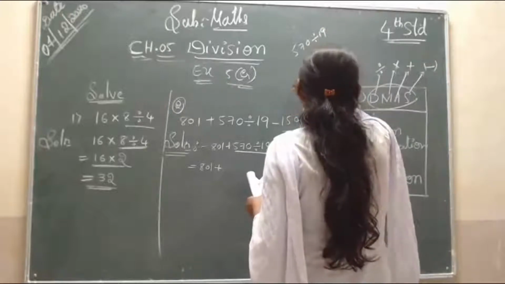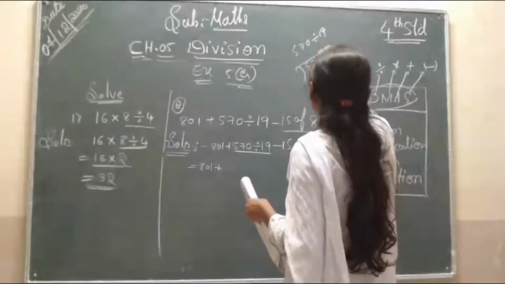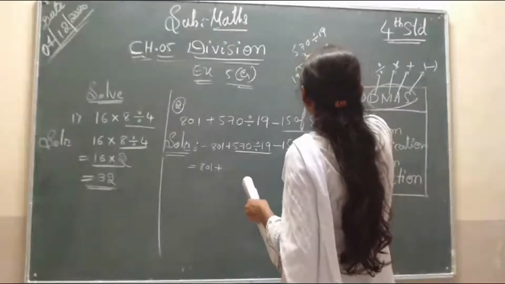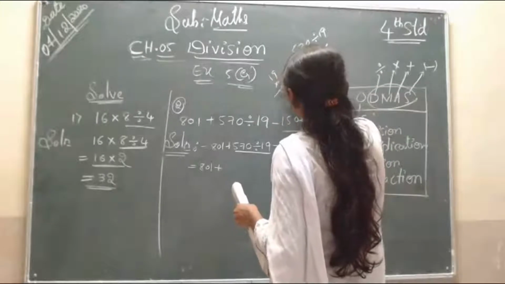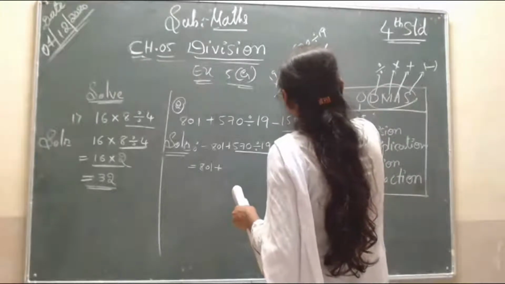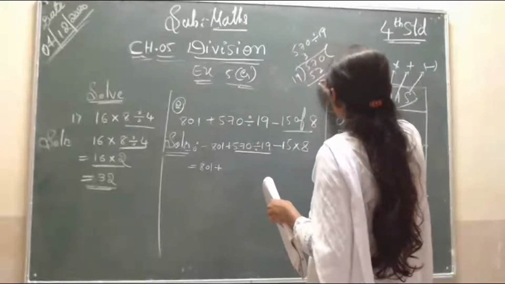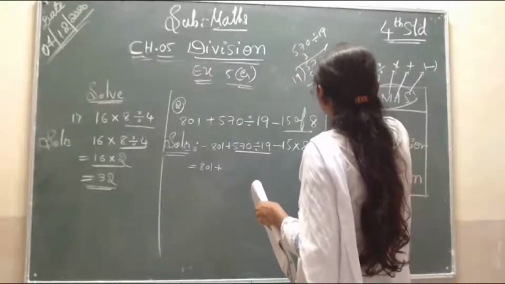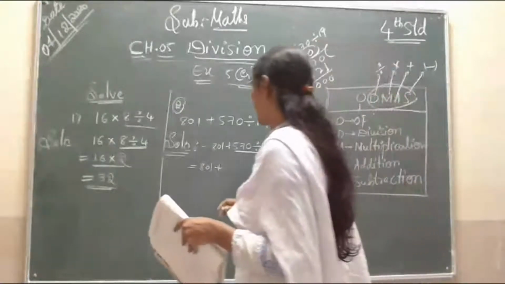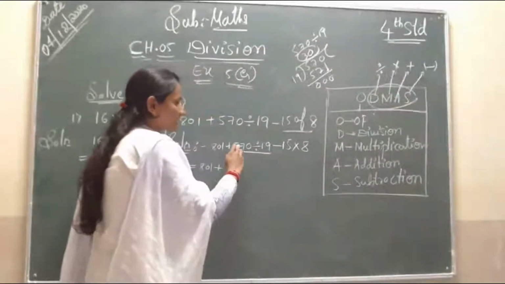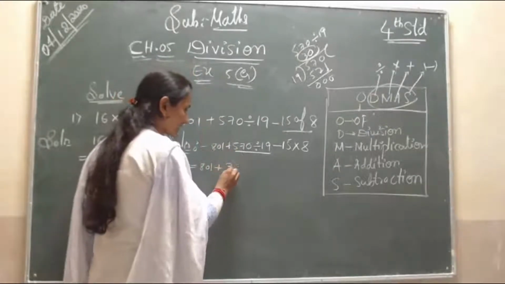Students, that is 570 divided by 19. 19 threes are 57, what is the remainder? 0. Then bring down the 0. What is the quotient, students? 30. Because 570 divided by 19, the result is 30. You have to write 30.